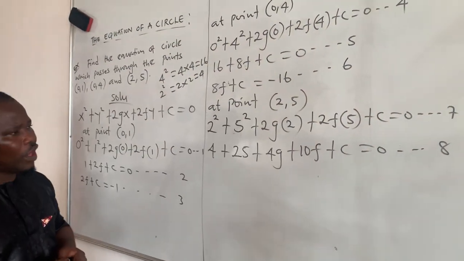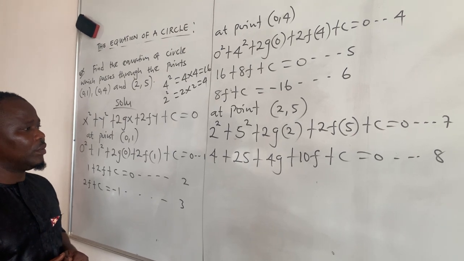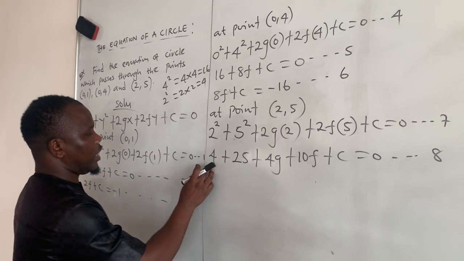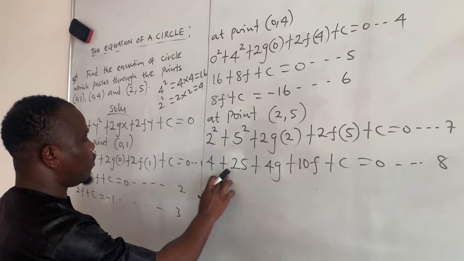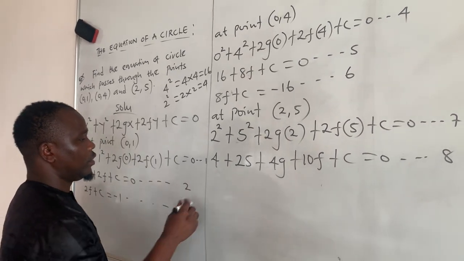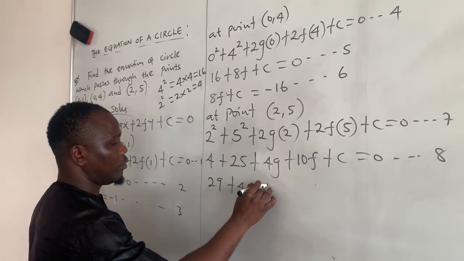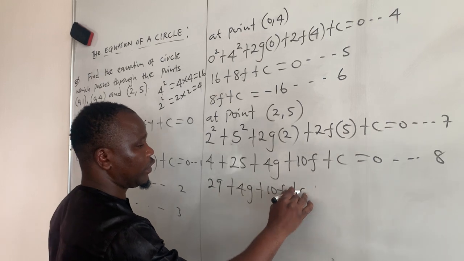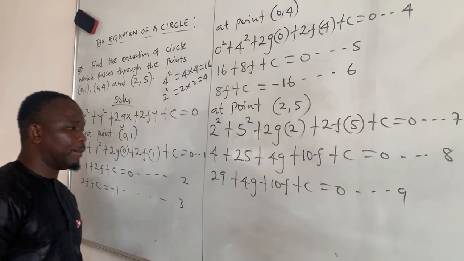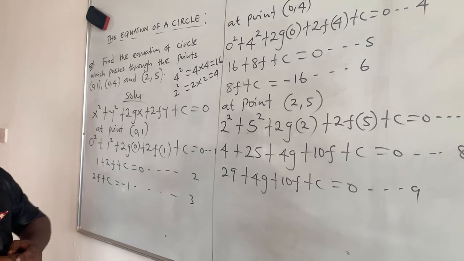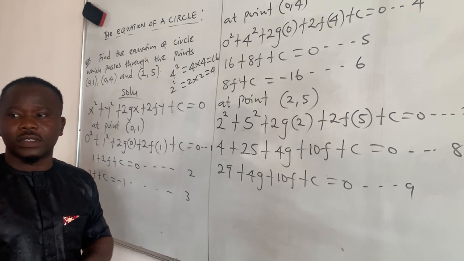Without loss of generality, we can add 4 plus 25 to give us 29 plus 4g plus 10f plus c equals to 0. This is equation 9. At this point, we are going to subtract 29 from both sides.